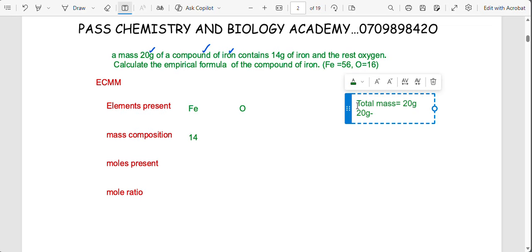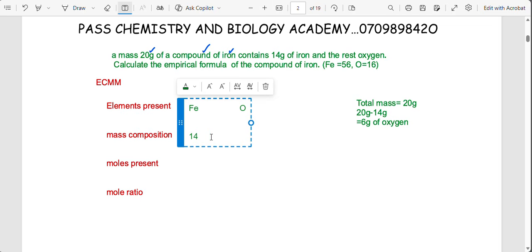Let me write here. Total mass of a compound, which is 20 grams. And they have also given us the one of iron. So we can say 20 grams, which is of the whole compound, minus 14 grams, which is of iron.